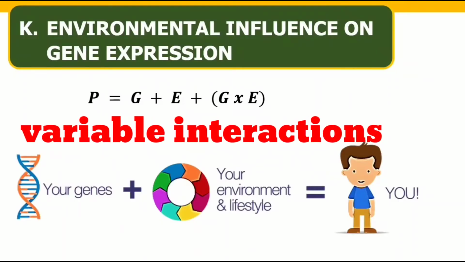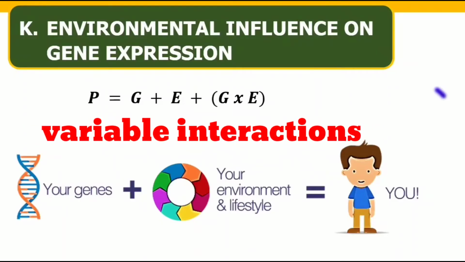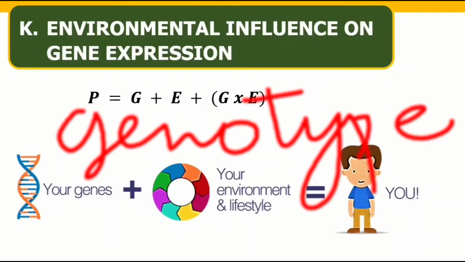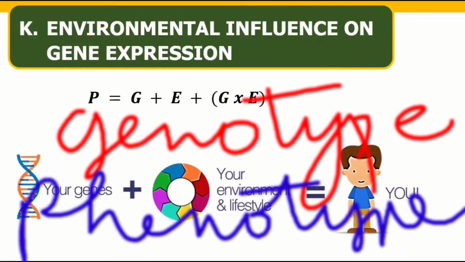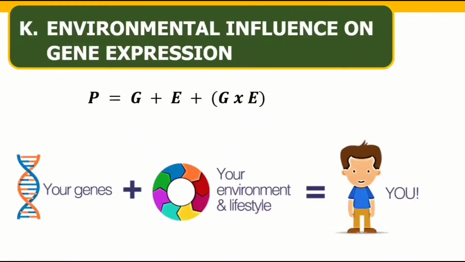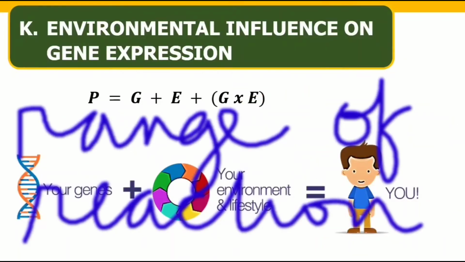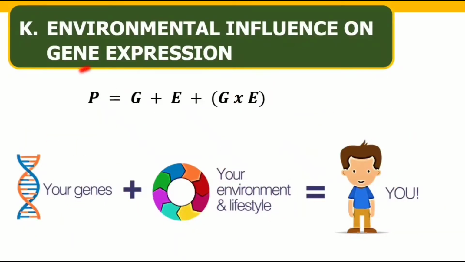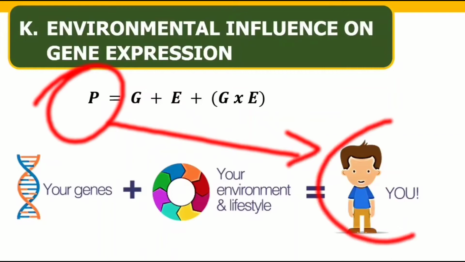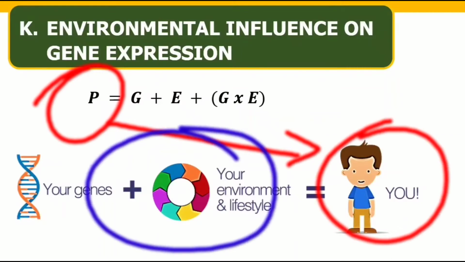Because of the variable interactions between a genotype and an environment, it is now easy to see that the genotype determines the range of phenotypic expression that may develop. Okay? Yun na yung tinatawag natin na range of reaction of the genotype. So, the phenotype now that will be realized depends on the environment in which development takes place.